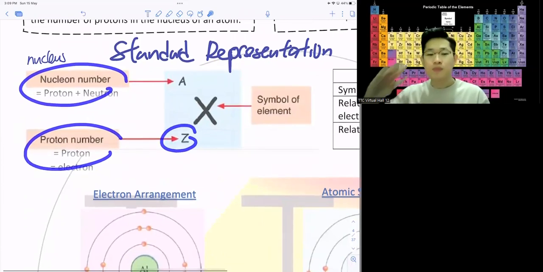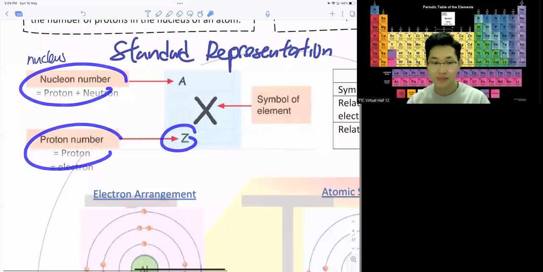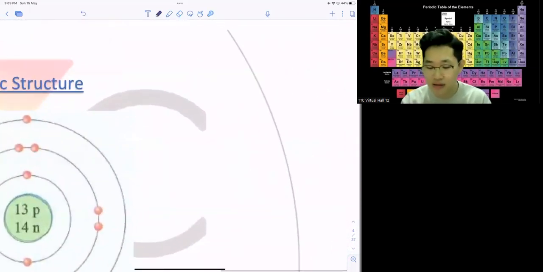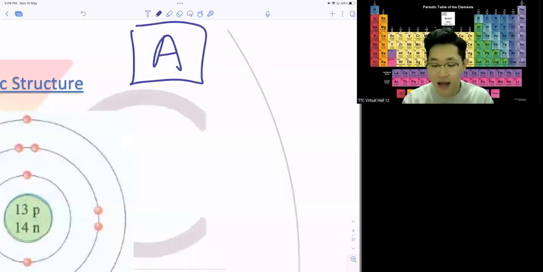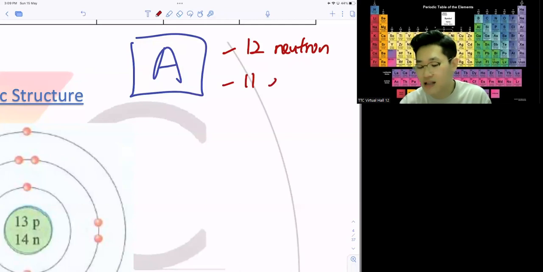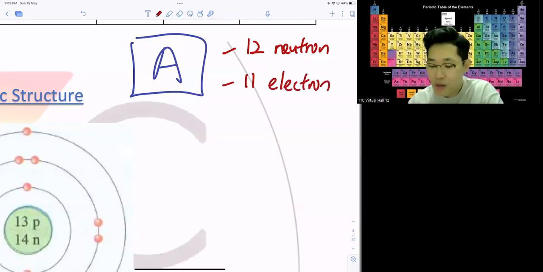So let's say I have an example here, A. Example A comes with 12 neutron and 11 electron. Can you please tell me how many proton are in this element A? Yes, very good.